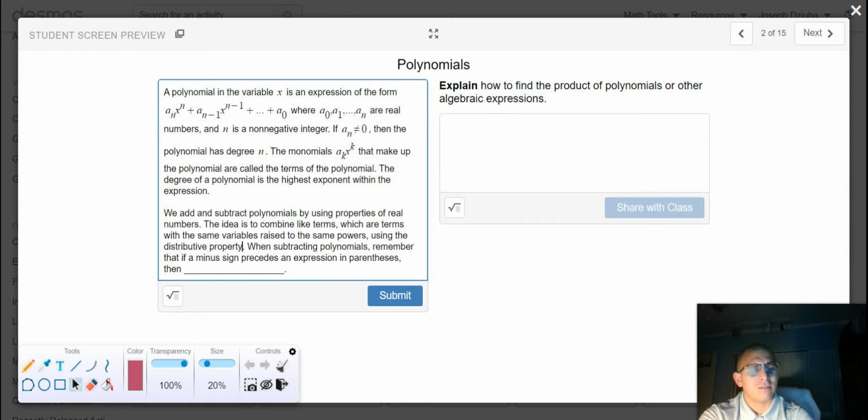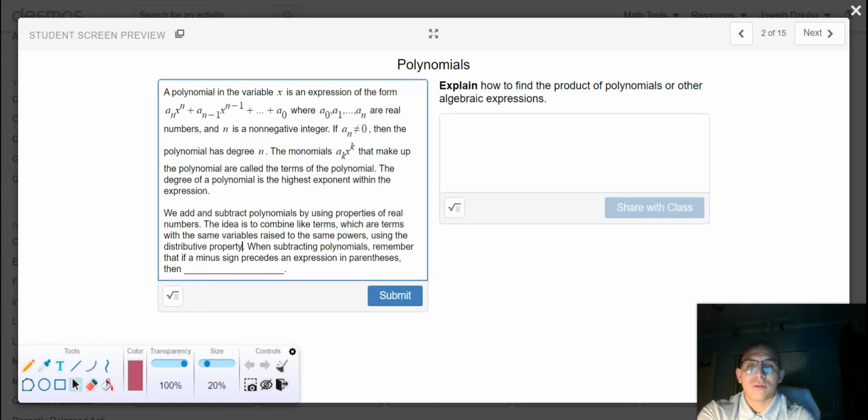When you're combining like terms, you're only adding the coefficients and leaving the variable component. So technically you're factoring out the variable component and just summing and subtracting the coefficients.